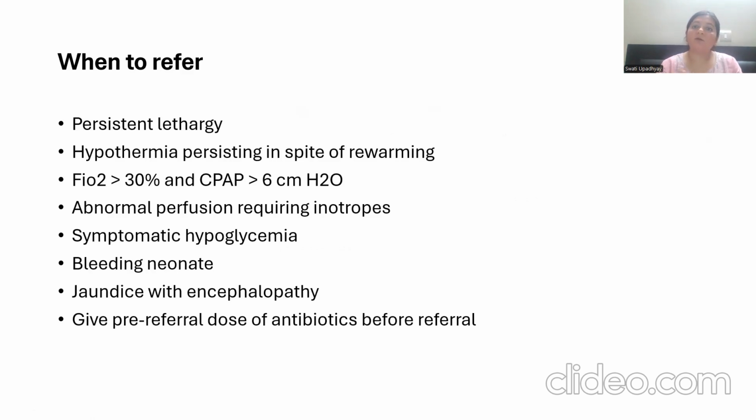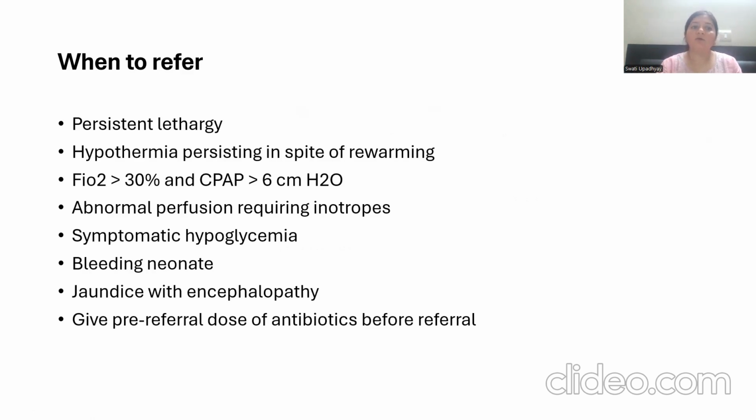If the babies are not transported timely to a center which can provide a better level of care, then the outcomes may not be so good. That is why it is always very important to understand when you should refer the baby, in case you are not seeing very sick babies regularly.